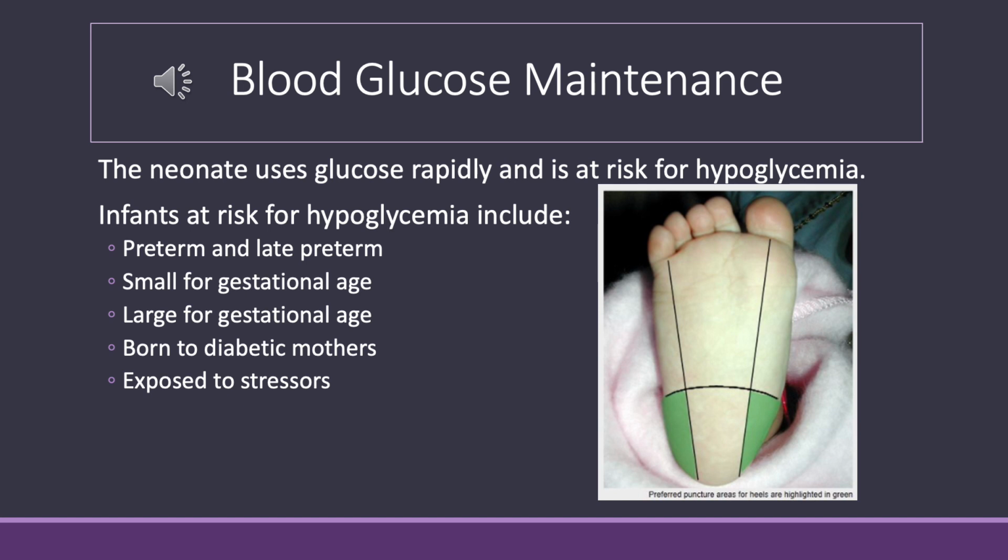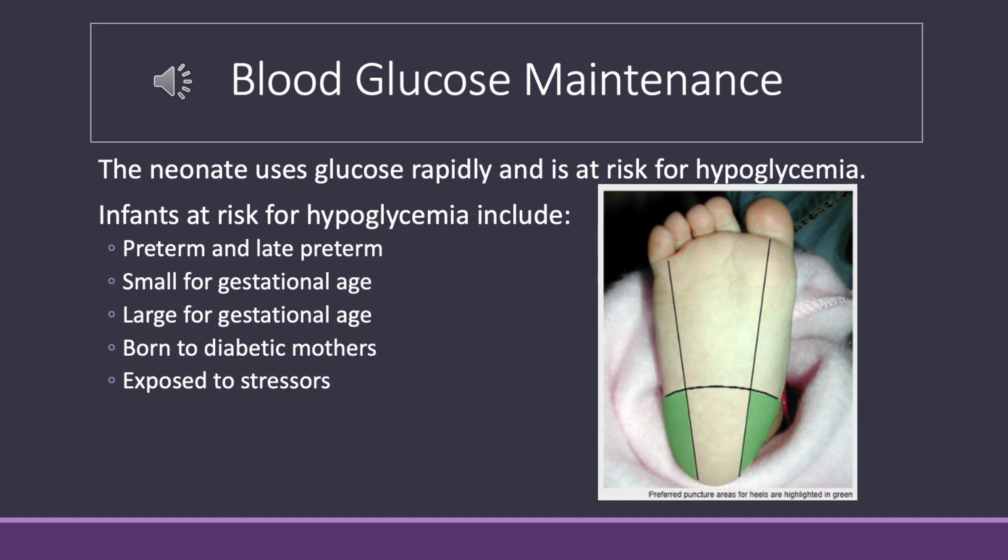Some newborns are going to be at a higher risk for hypoglycemia. These are the preterm or late preterm newborns, late preterm being defined as between 36 and 37 weeks gestation, small and large for gestational age, those in neonates born to diabetic moms, and those exposed to excessive stressors.